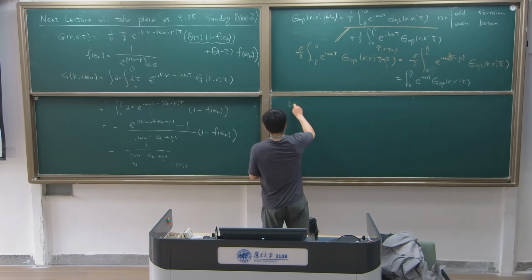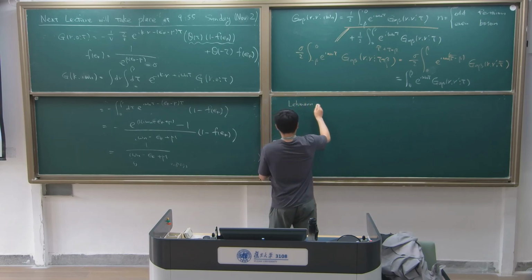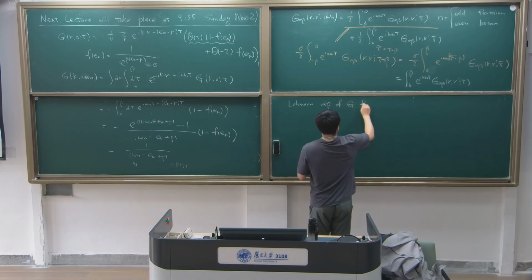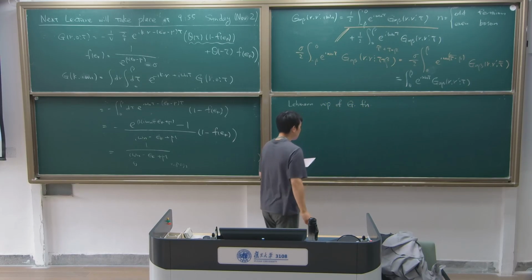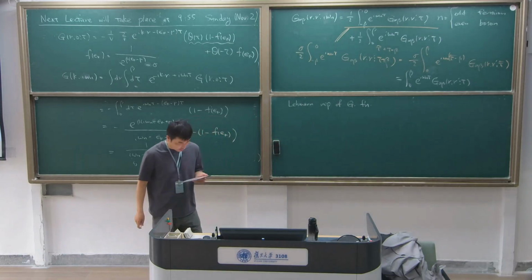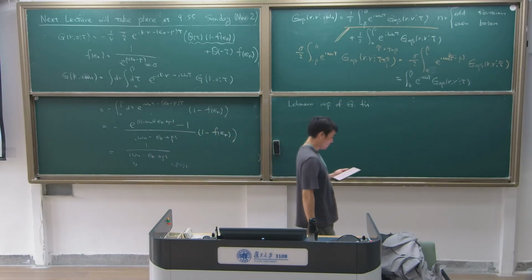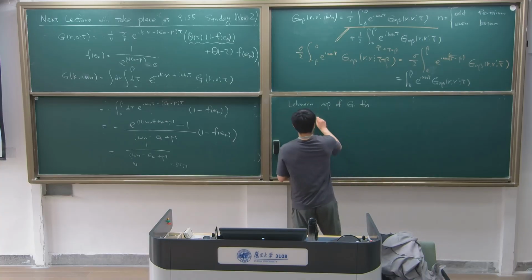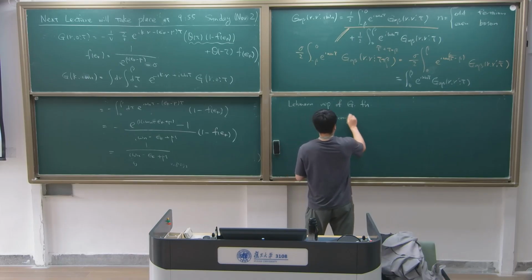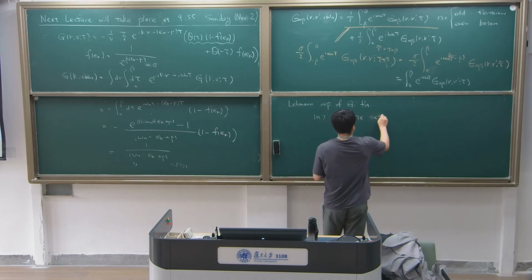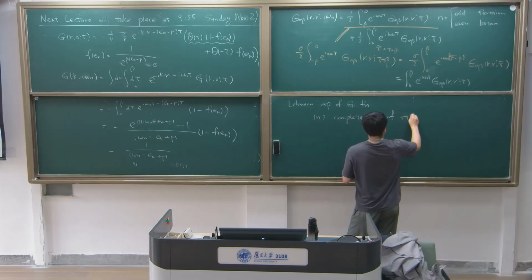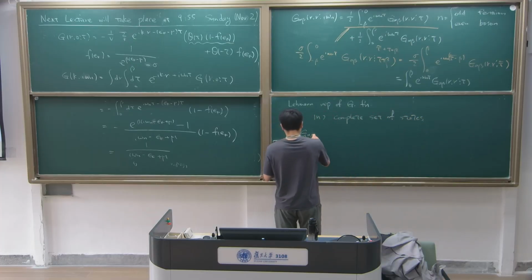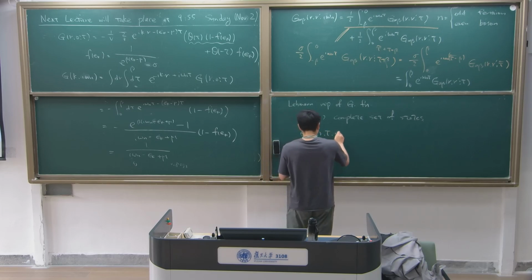So there's the so-called Lehmann representation of the function. So here, G function is the Green function. So let's consider n as a complete set of states, and then insert the definition. G alpha beta T.